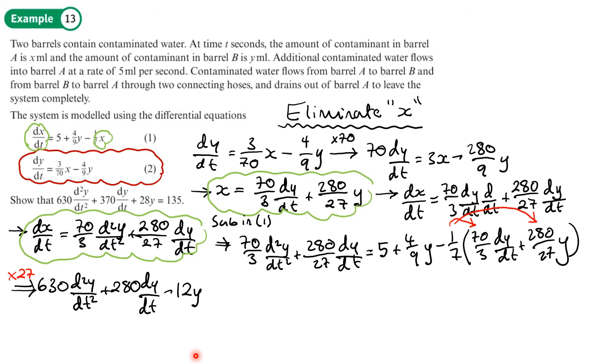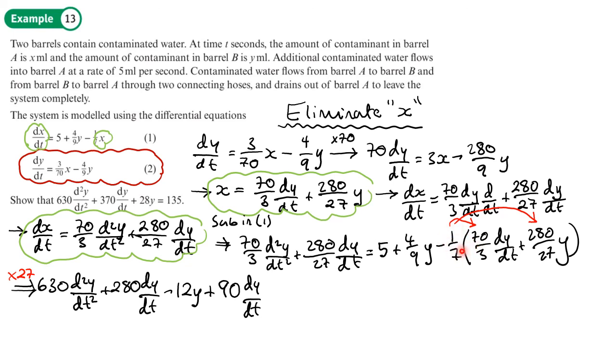Sorry, I typed in the wrong number. Actually, these multiply together: 1/7 times 70/3 times 27 gives me 90. So when I take it to the other side, I add a 90 dy/dt. Then lastly deal with this.